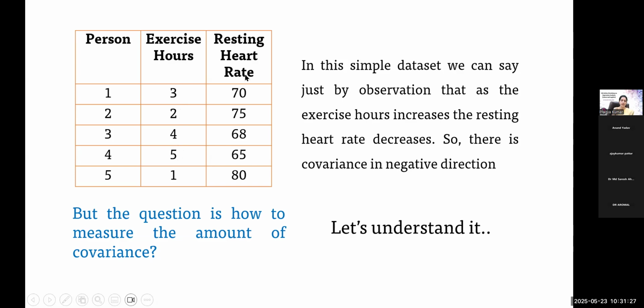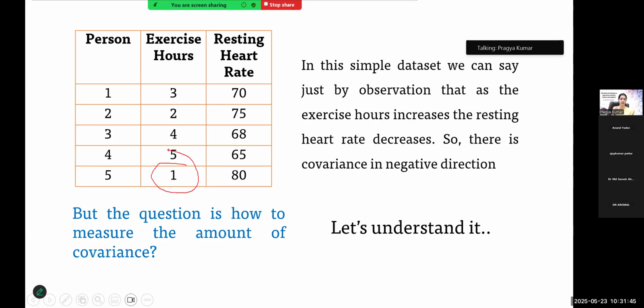And the resting heart rate is 70, 75, 68, 65 and 80. So if the number of hours is more, the resting heart rate is less. Here, the number of exercise hours is 1 and the resting heart rate is 80. So if the number of hours is decreasing, the resting heart rate is increasing.